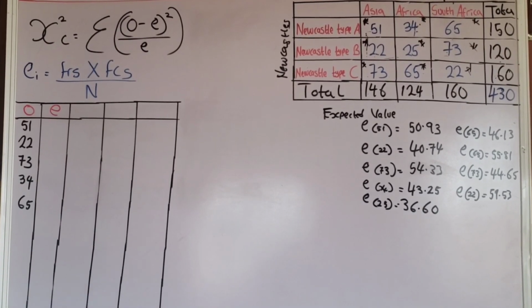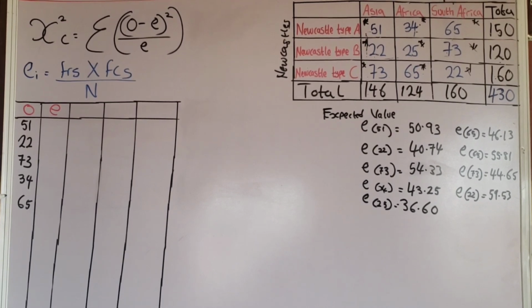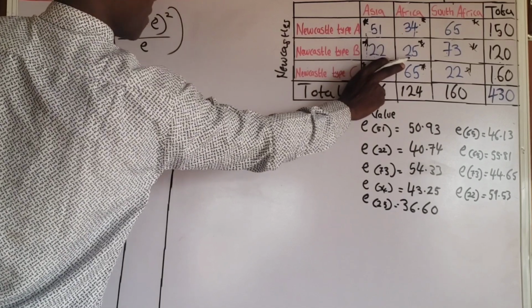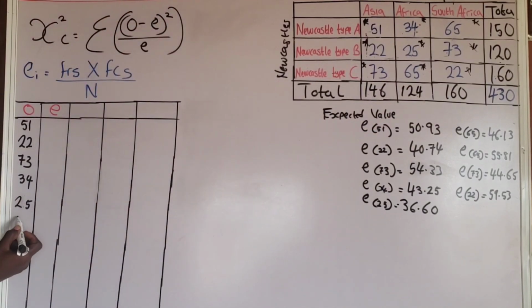We have 51, 22, 73, 34. Oh, this should be 25. Sorry, this should be 25. After 34 is 25. After 25 is 65. Then we have 65 again. Then we have 73. Then we have 22, which is the last sample. Do you understand? These are the observed values that we are given.